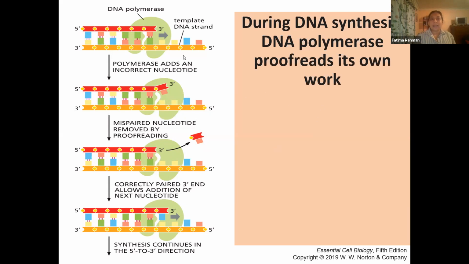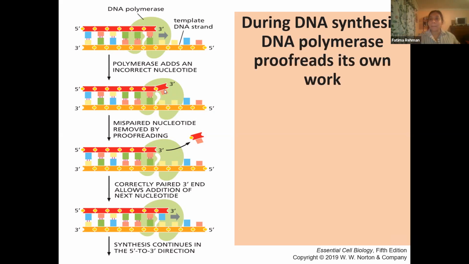So let's say that here you have the DNA polymerase, it is working along and it accidentally has gone ahead and stitched the wrong nucleotide to the DNA. Well, that incorrect pairing is not going to work because the hydrogen bonds are not going to be made properly. Or it may be that it's put 2 pyrimidines together and now the size is not correct, right? Because that would be 2 double-ring nucleotides together.